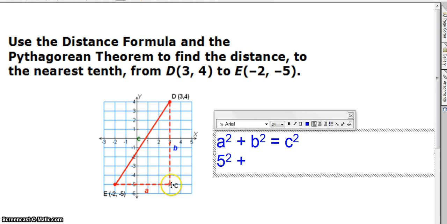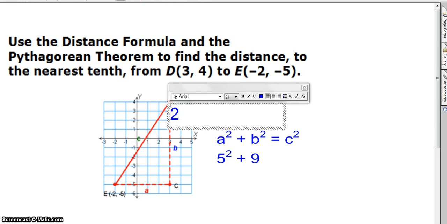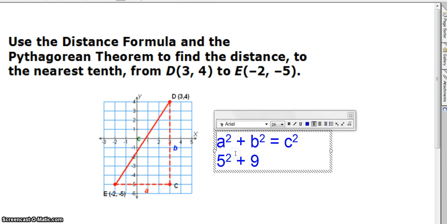Let's count 1, 2, 3, 4, 5, 6, 7, 8, 9. So we'll have 9 squared equals c squared.